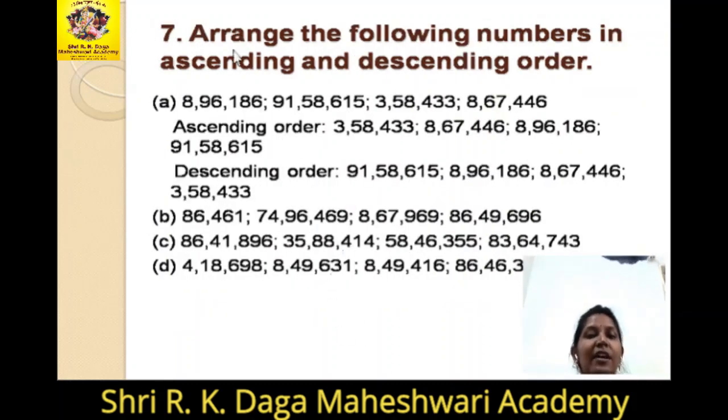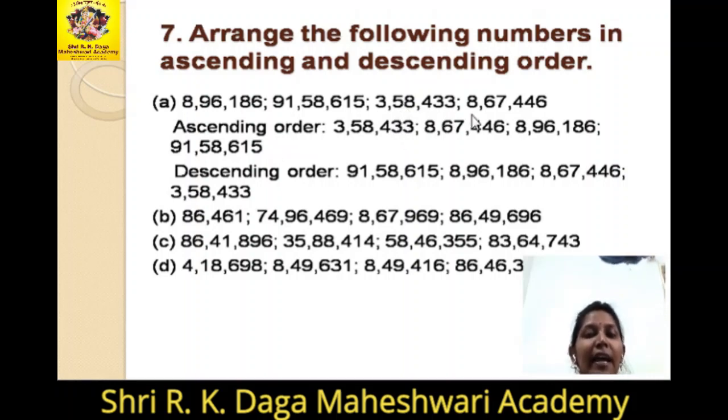Now question number 7. Arrange the following numbers in ascending and descending order. First question is 8,96,186, 91,58,615, 3,58,433, 8,67,446. First we will write this in ascending order. When we write this in ascending order, we can get 3,58,433. This is the smallest number.